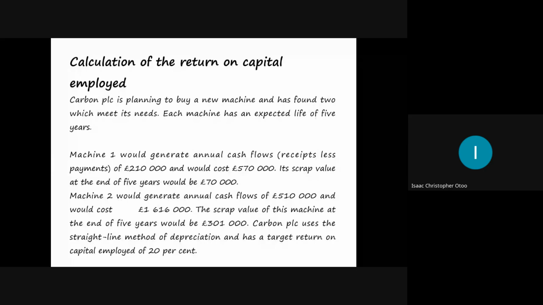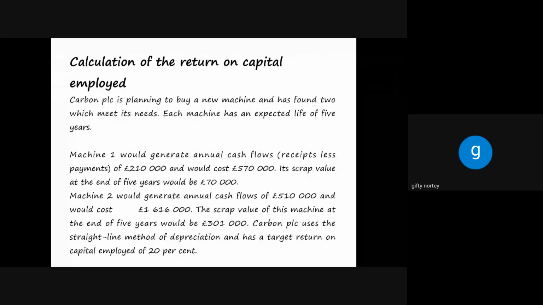We generate annual cash flows, and now you are going for 5 years. So what will be the total cash flows for the 5 years?